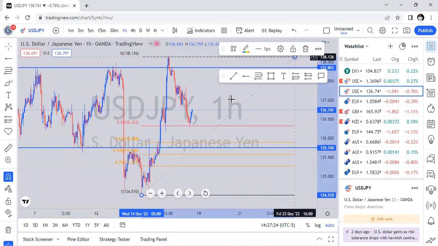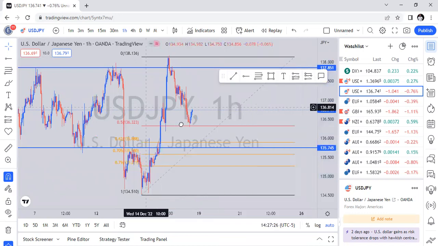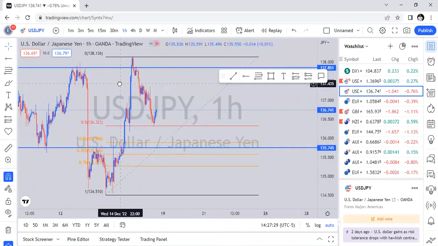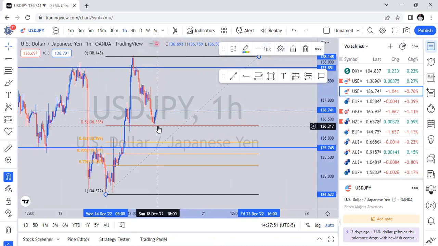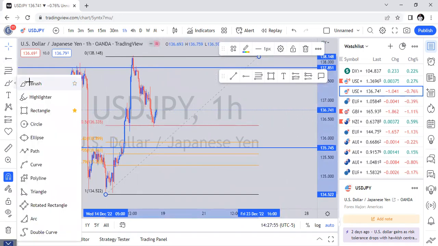And like I explained in my previous class, if you're using your fib, where you have an impulse formed between this low and this high, and you're watching the retracement, you want to see it come below your 50, this is your 50 level.